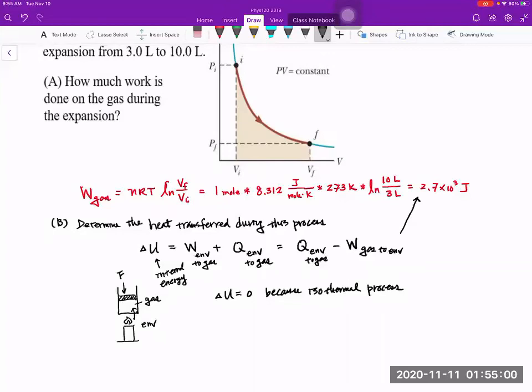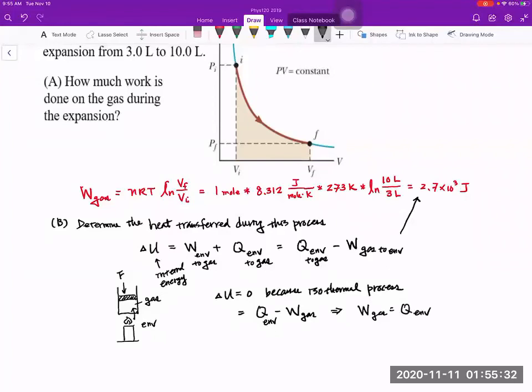And because this is equal to 0, that means Q is equal to W, where W is done by the gas, and Q is coming from the environment. And that simply tells you this work is equal to the heat from the environment.